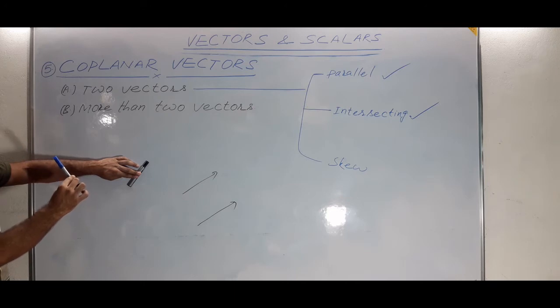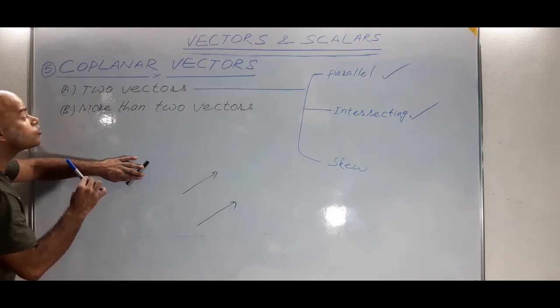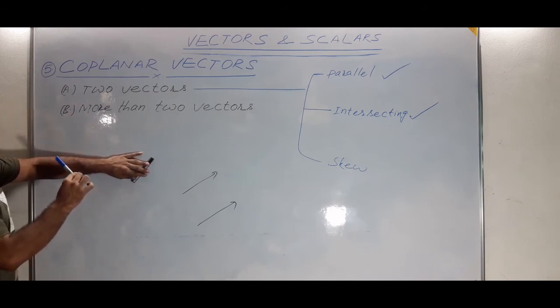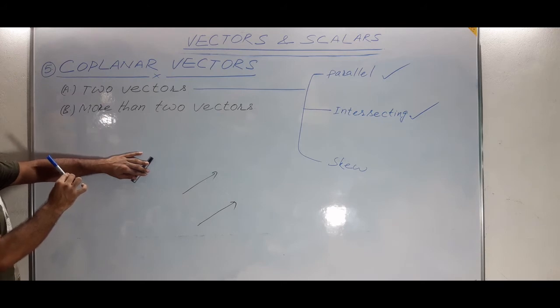If you extend this vector, it will always be in the plane of the board, and this vector is parallel to the board, but it is not parallel to that vector. So if you extend it anywhere, since this vector is parallel to the board, it's never going to intersect any point in the plane of the board. So these two will never intersect, right?